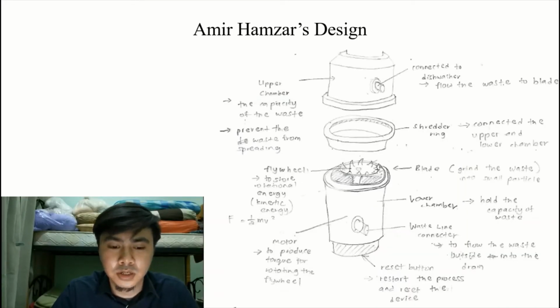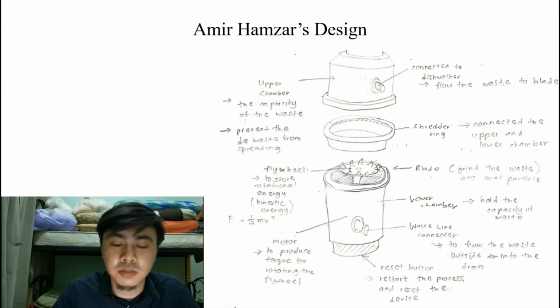For the first design, he put the motor underneath to make the leftover food easier to blend, but we believe that when the motor is placed underneath, a motor leakage problem will occur. This design puts in a HEPA filter to filter the big residue and let it blend again.